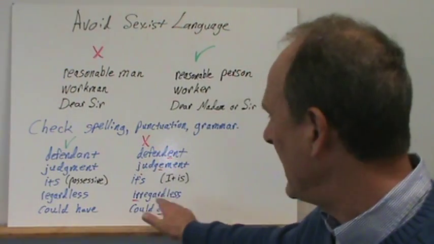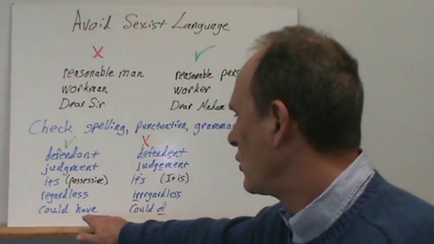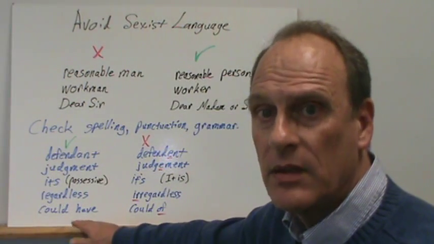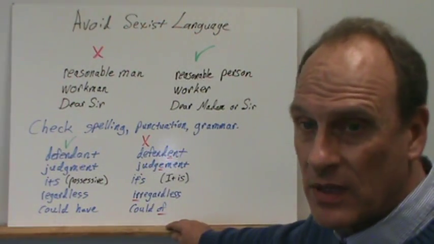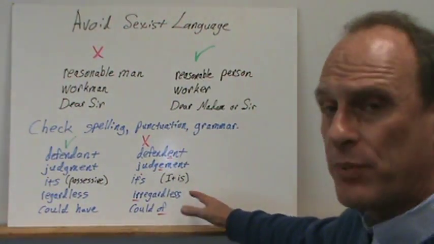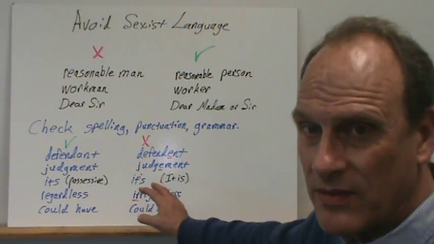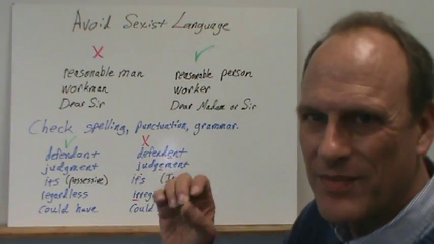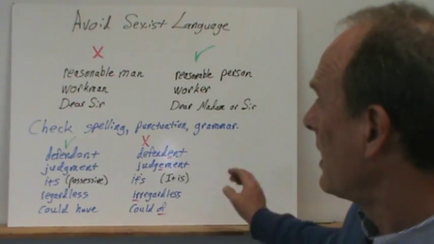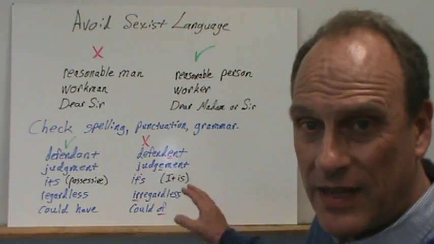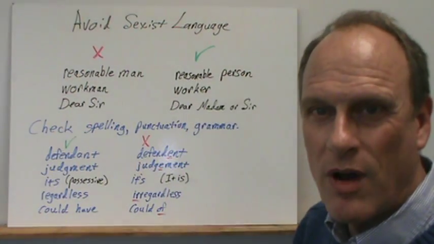Regardless is a word. Irregardless is not a word, so don't use it. Could have is a phrase. Could of is not. So these are just some examples of common mistakes that bring the perception of good writing down several notches in other people's eyes. So if you follow all of these and the tips on the previous boards, you're going to be a stronger writer.